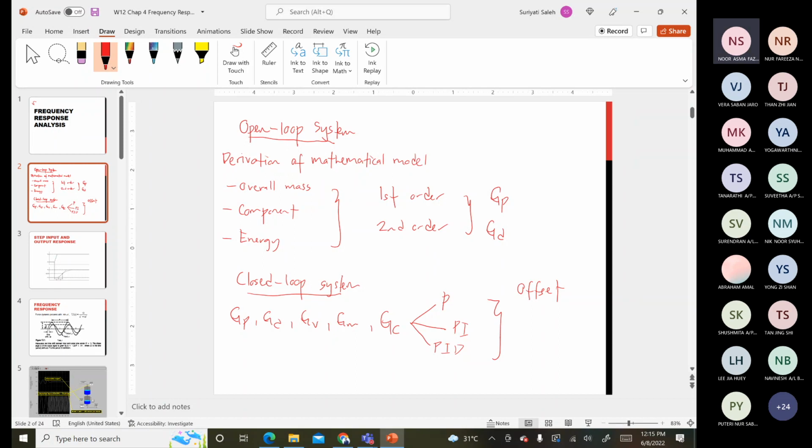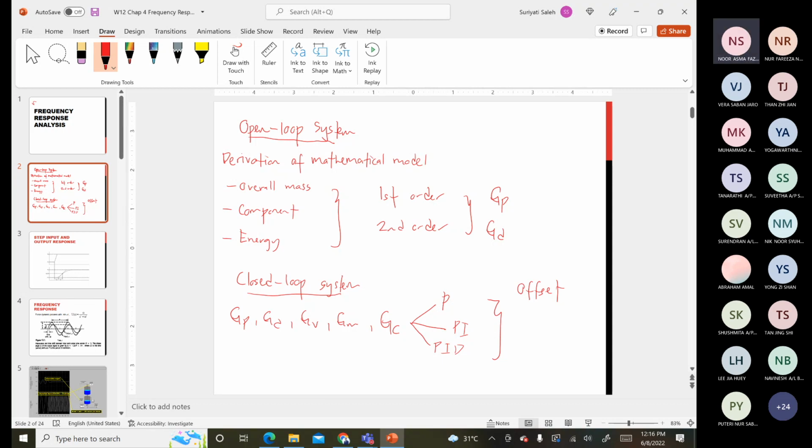Of course, in theoretical, when you have the integral term inside your controller, that means it is able to eliminate the offset, meaning that when you have the zero offset, the value that you want to maintain is maintained at the required set point value.